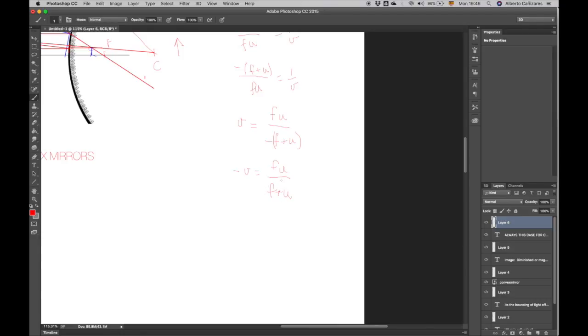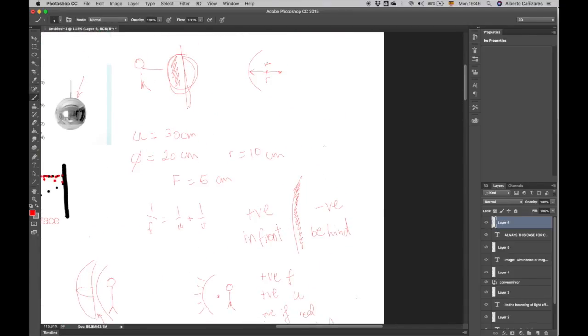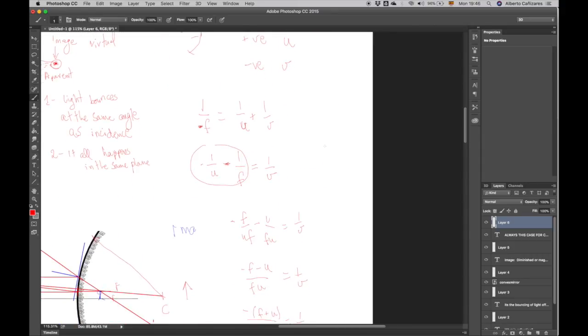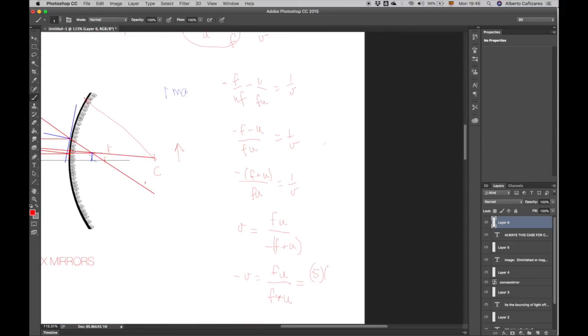So we said your F will be 5, your U will be, I think it was 30, and then in the bottom you'll have 30 plus 5, which is 35.